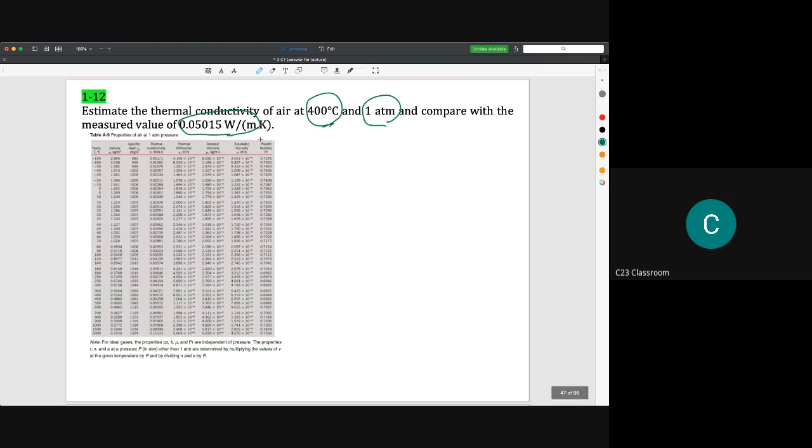Here, if you see this one, for example, you have the thermal conductivity at 400 degrees Celsius. So you have 400 degrees Celsius here, and you have all the parameters here.